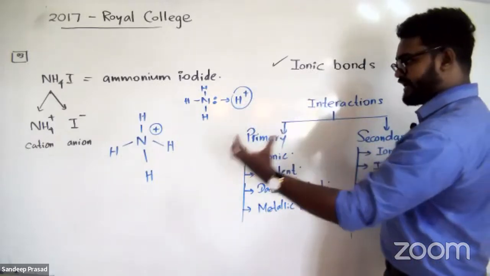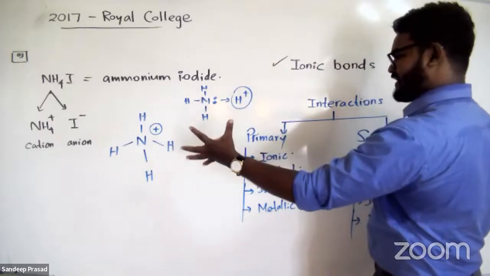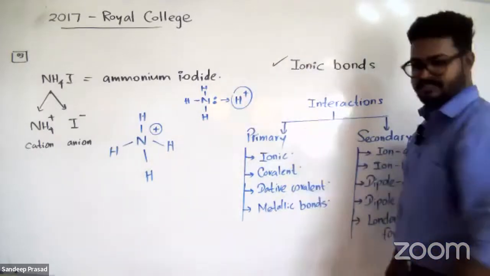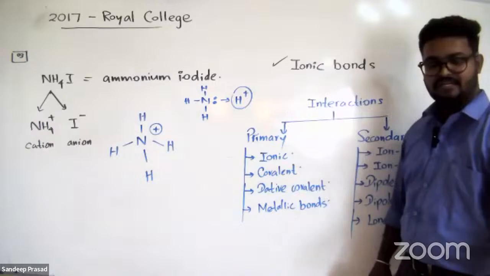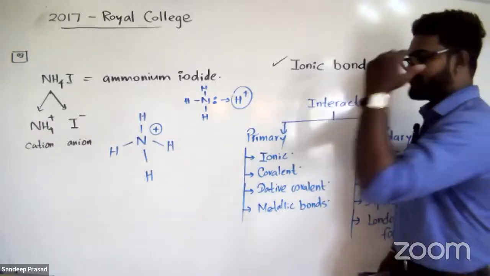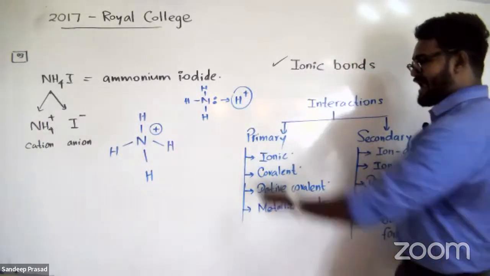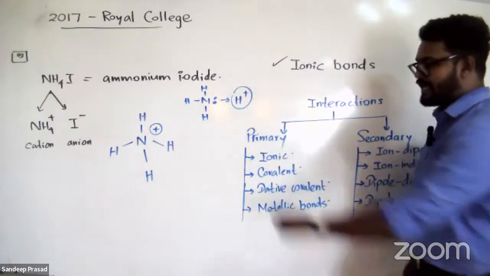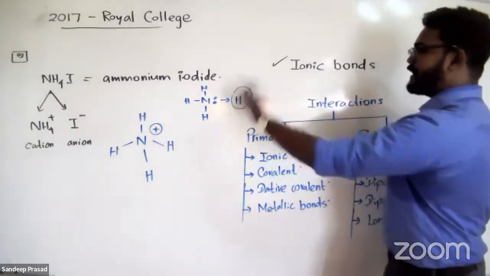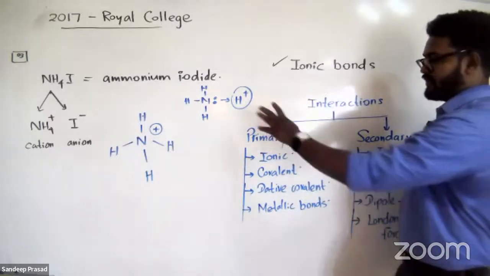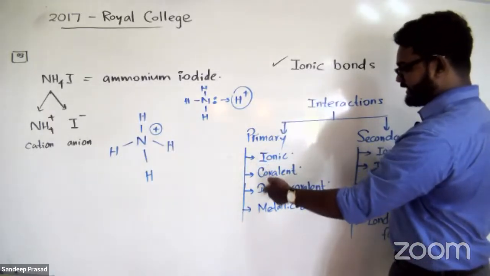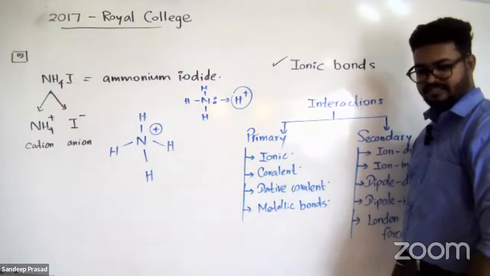Ammonium cation is made from ammonia and H plus. Ammonia is a covalent compound, so covalent bonds are also there, and with H plus it forms a dative covalent bond. So the three main primary interactions are there in this compound.